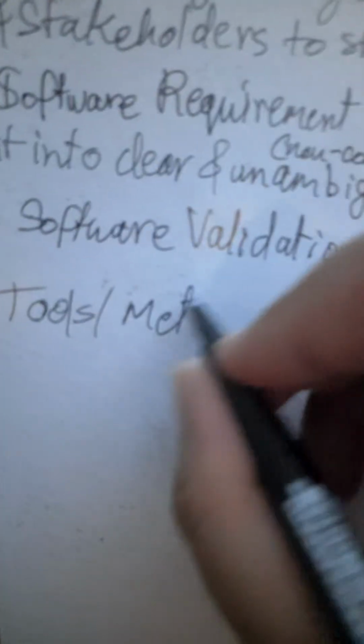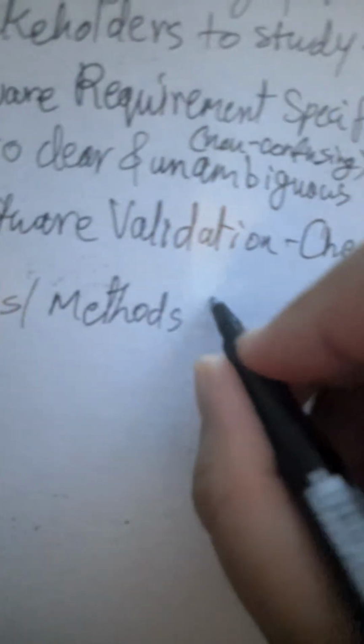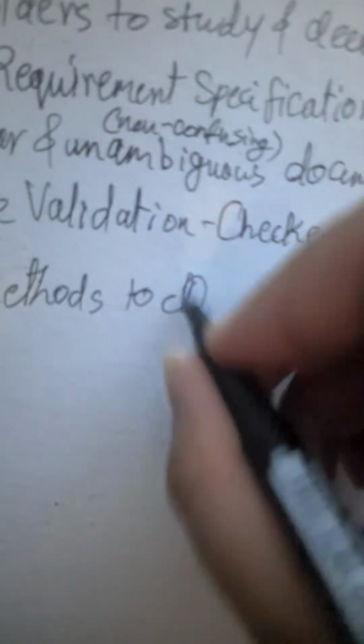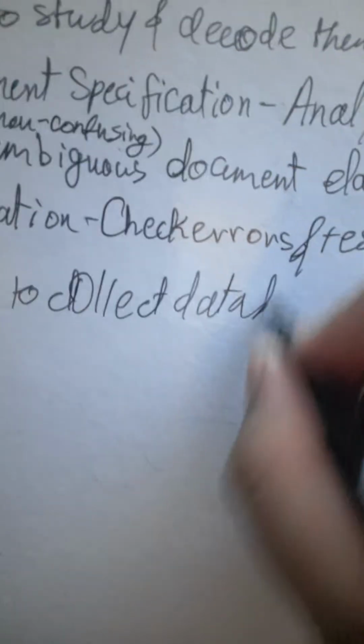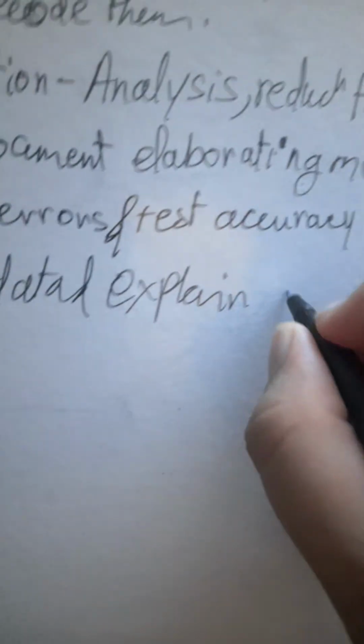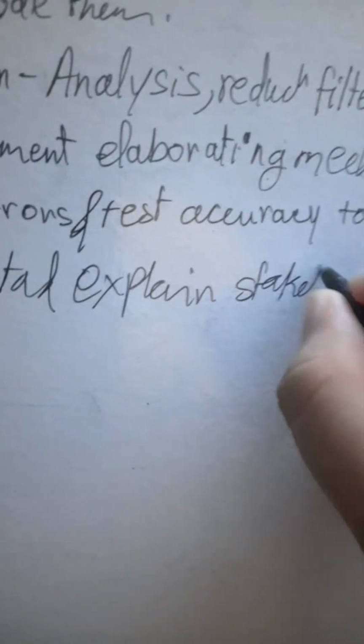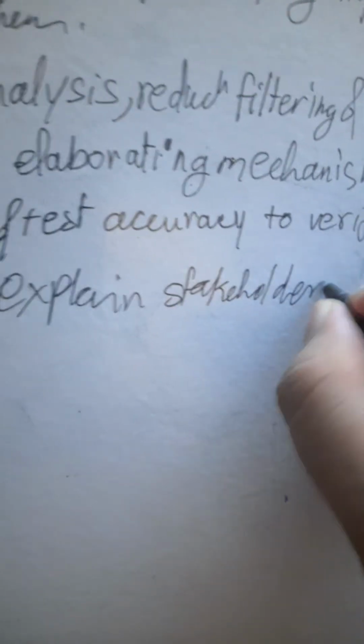Now what we do is look at tools or methods to collect data and explain to stakeholders. Even using this marker, my handwriting is trash. It's just a skill issue.